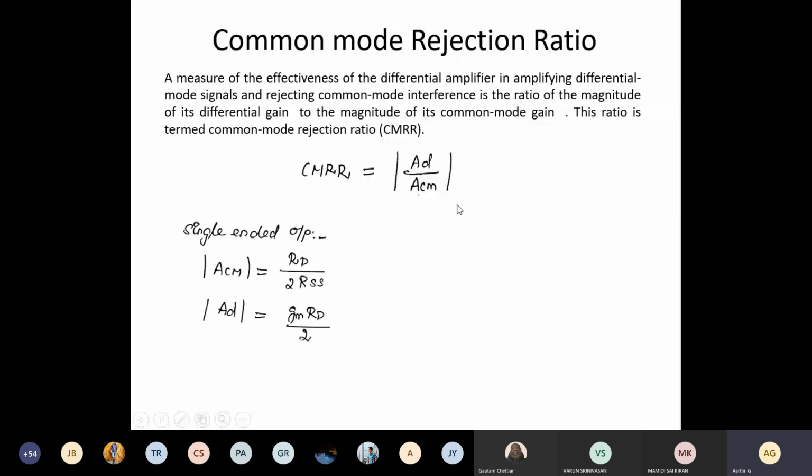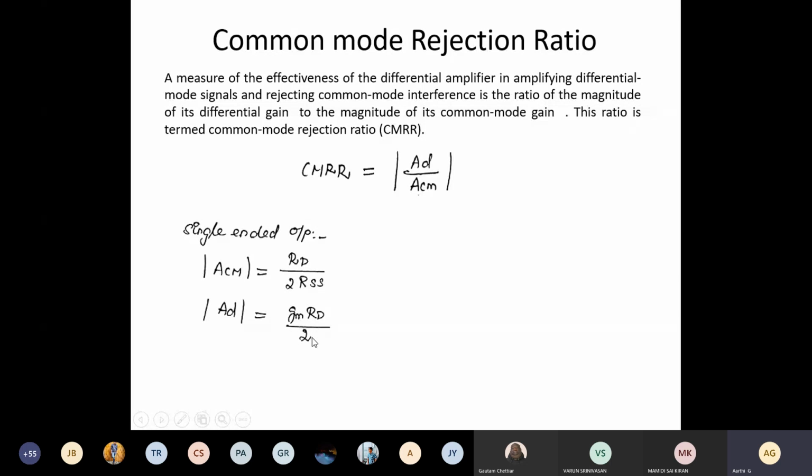Now we have calculated two cases, single-ended and double-ended, so CMRR will change for both. Recapping for the single-ended case, ACM, if you take the magnitude, the negative sign is removed, so it is RD by 2 RSS. And the differential mode gain, if you take the magnitude, is GM RD by 2.